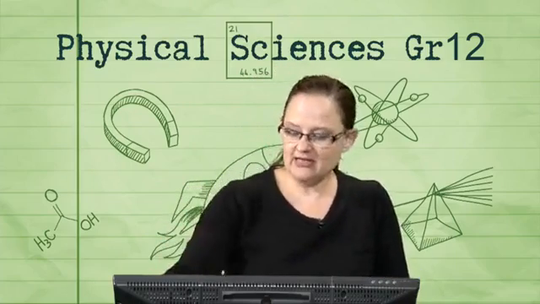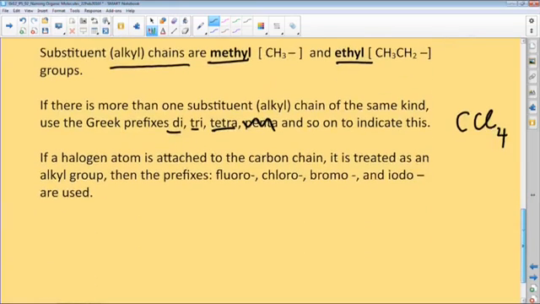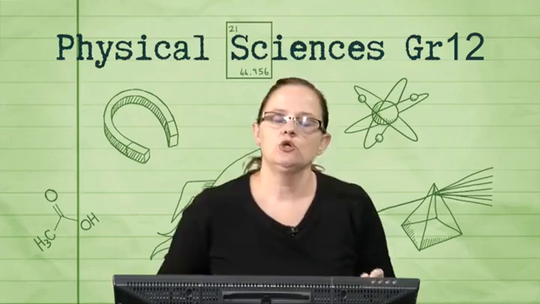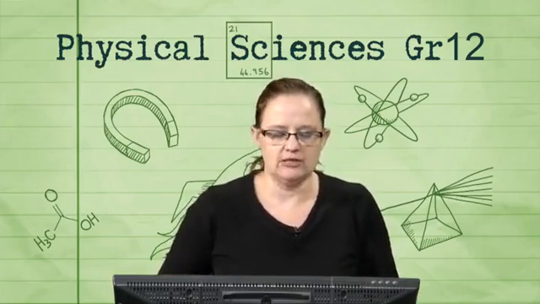If there's a halogen, we change the name of the halogen to fluoro, chloro, bromo, iodo. I'd be surprised if you saw fluorine. It's not beyond it. We don't use fluorine at school level simply because the fluorines are far, far, far too reactive, so we don't tend to use them.